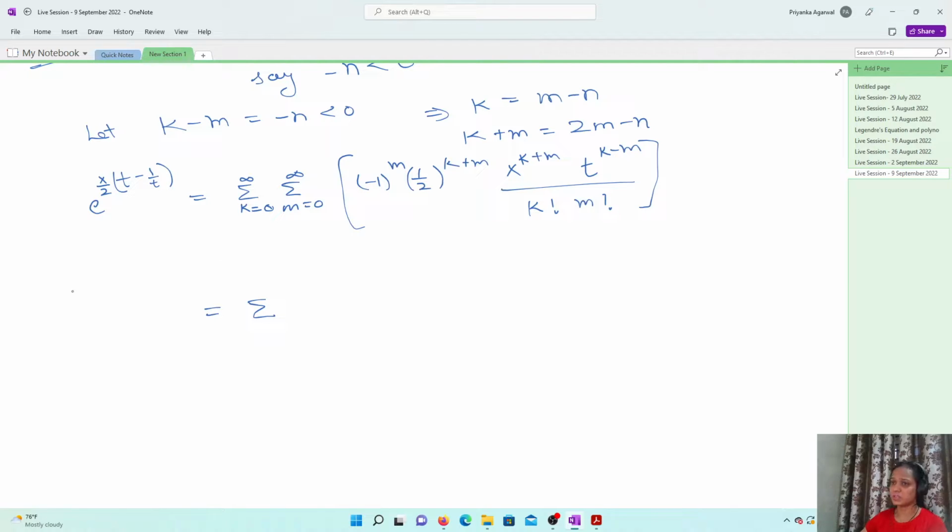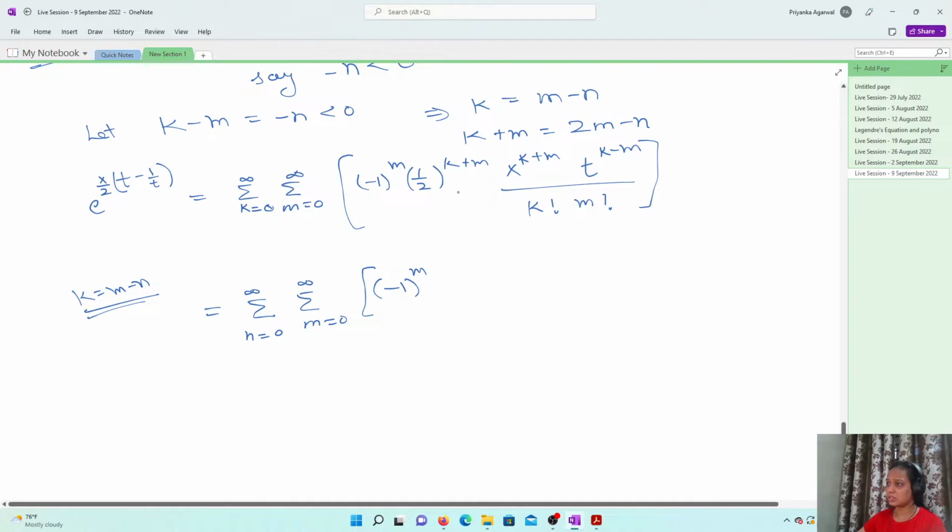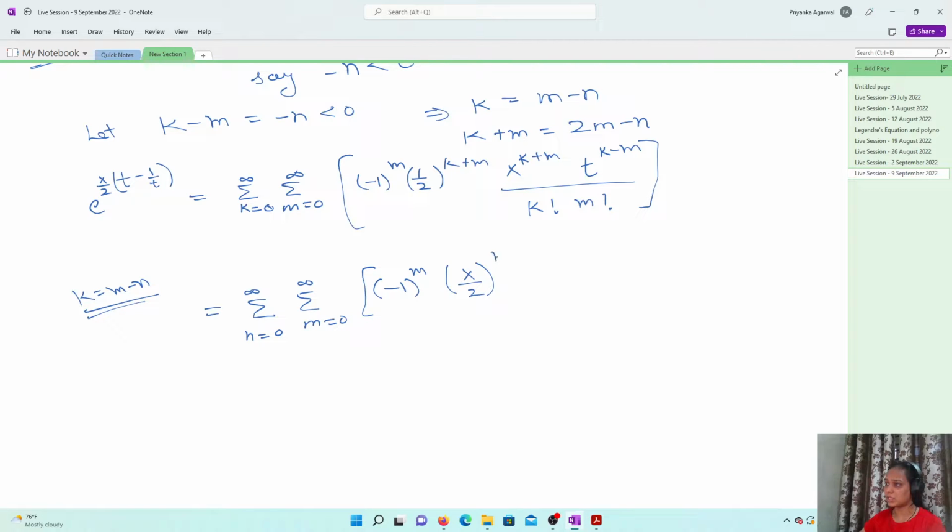We just have to substitute k equals n minus n. So this is now summation n equals 0 to infinity summation n equals 0 to infinity, and this becomes (-1)^n. Combine these two, so this is (x/2) to the power k plus n.